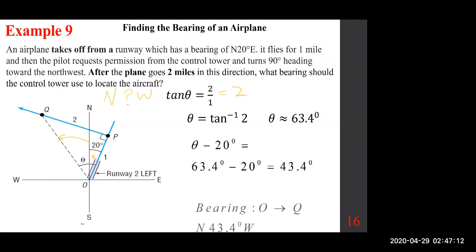We write it as north 43.4 degrees west. So this is the new bearing, if you will. Does that make sense? Is everybody okay with that? Any questions?